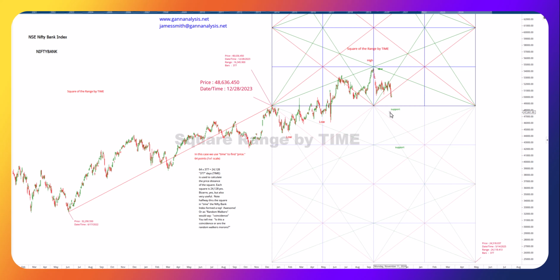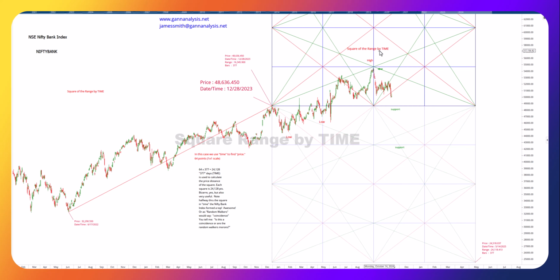Fine. Let the market tell you what it wants to do. I'm just telling you that's the line in the sand. That's the line you want to avoid if you're long. You do not want to see it close below this line. That's going to cause a lot of people to start selling. And honestly, I think it probably will, but let's see what happens.